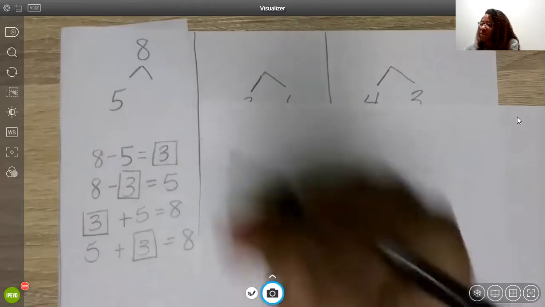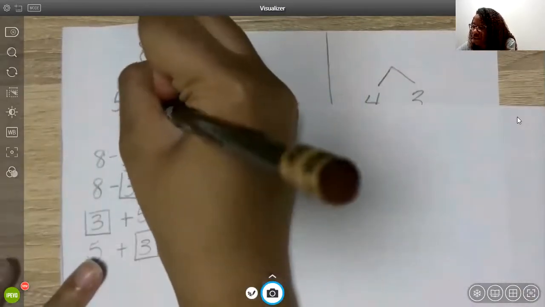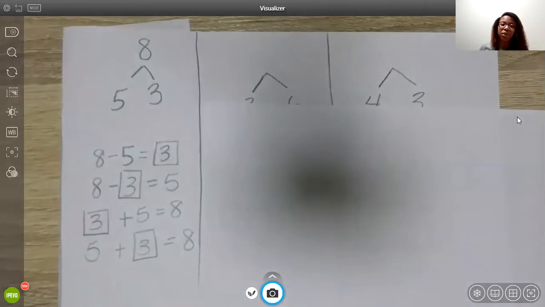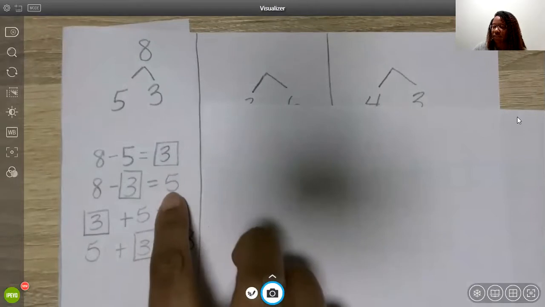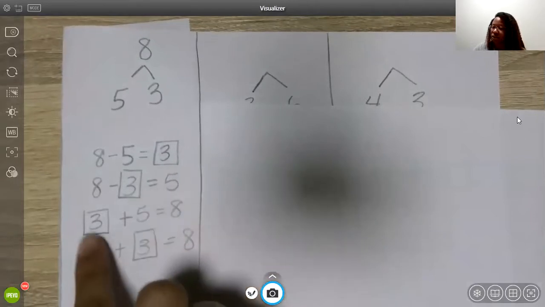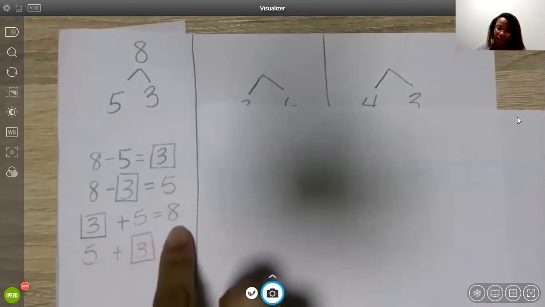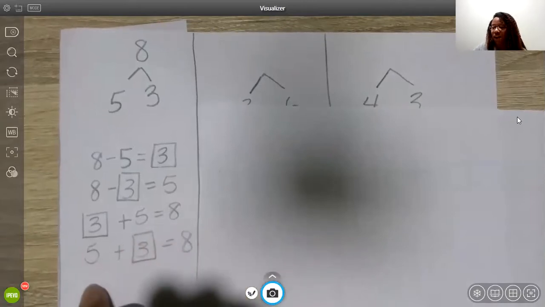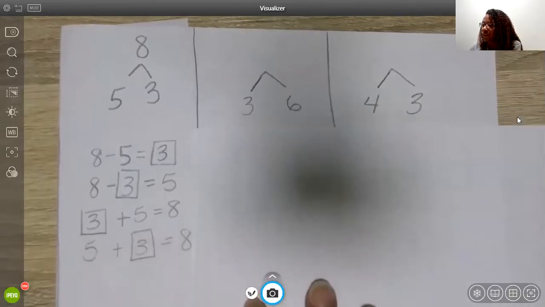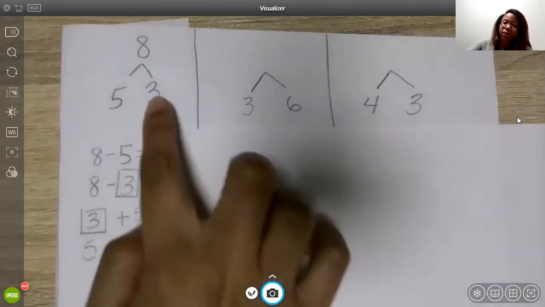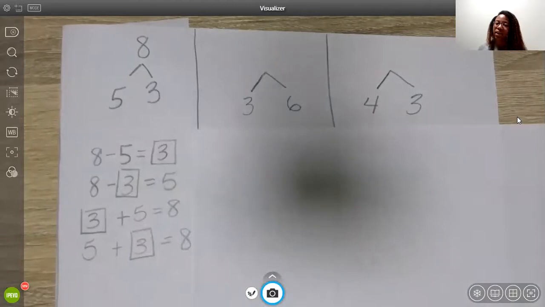So I know my missing part is 3. From there, I was able to create my next number sentence, 8 minus 3 equals 5. And then my addition number sentences, which are 3 plus 5 equals 8. And 5 plus 3 equals 8. So my missing number, once again, was 3.